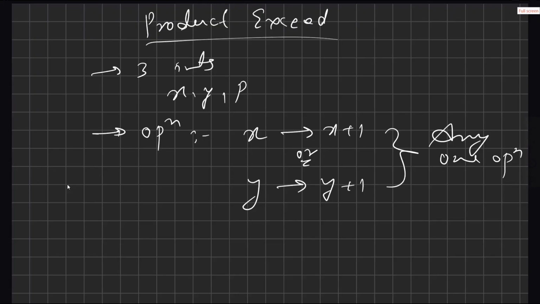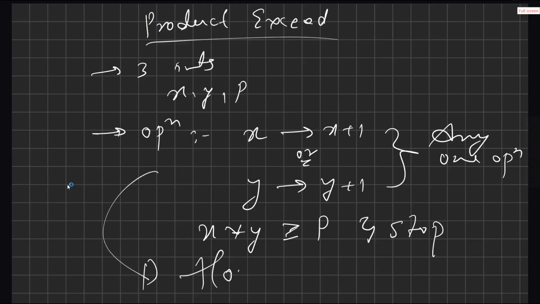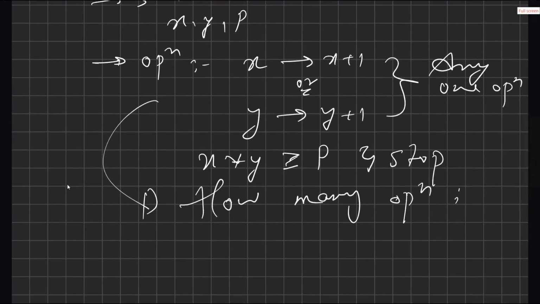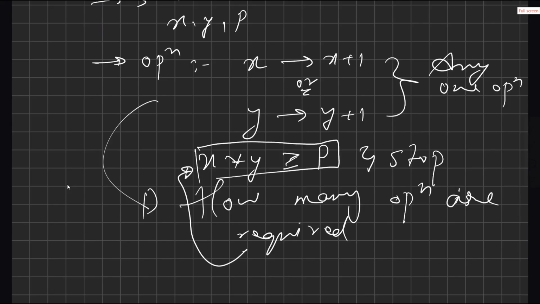And we need to check x into y. If this is greater than or equal to p, then we need to stop. And we need to calculate how many operations are required to make sure this condition holds, x star y greater than or equal to p.